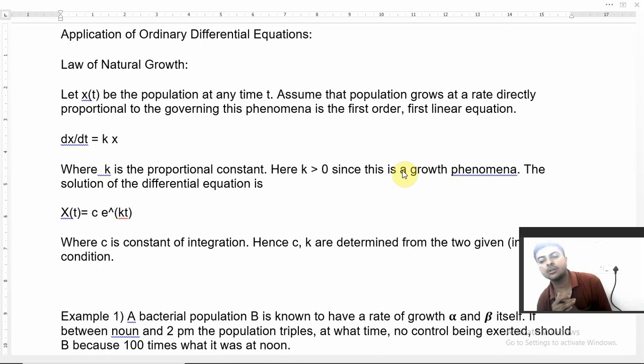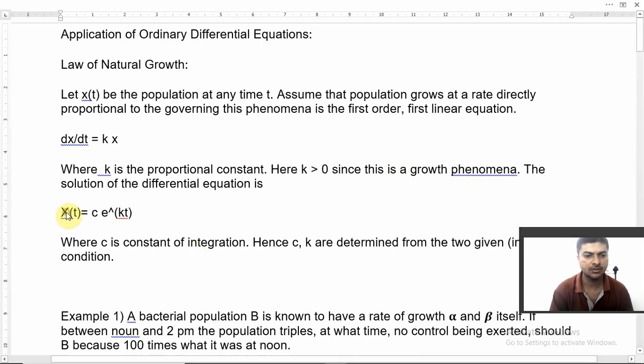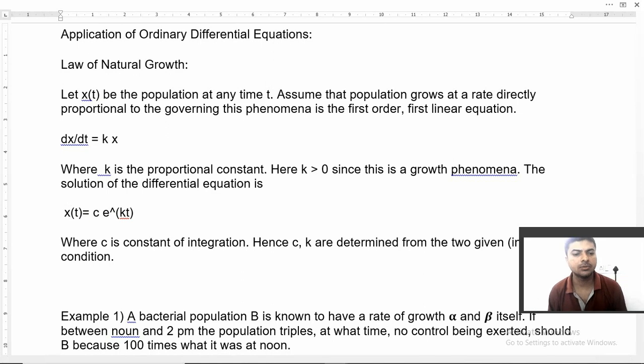So this is a very important application we have for ordinary differential equations, that is a growth phenomenon. And in an ordinary differential equation you can see we directly take the solution. What is the solution? Yes friends, this is the solution of the differential equation, which is given as x of t is equal to c into e raised to kt.